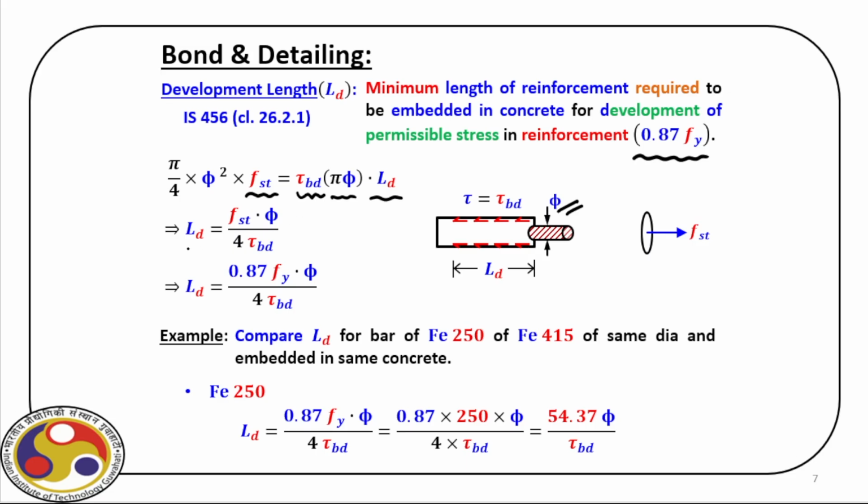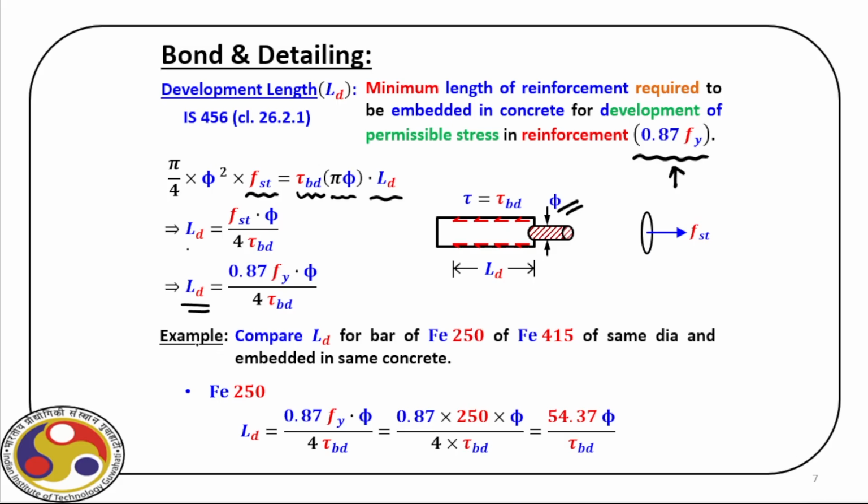So we can calculate LD, which is FST times phi, that is the diameter of the bar, divided by 4 times tau BD. Now FST, as I have already explained here, is 0.87 Fy. So ultimately the development length is 0.87 Fy times phi divided by 4 tau BD.